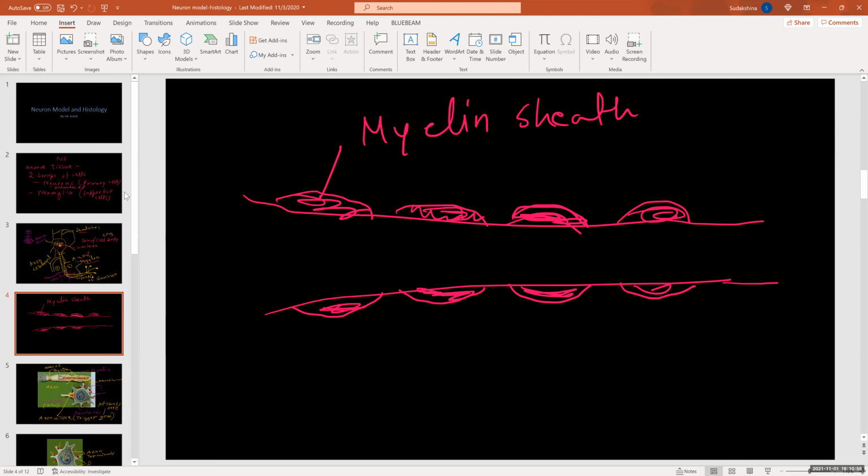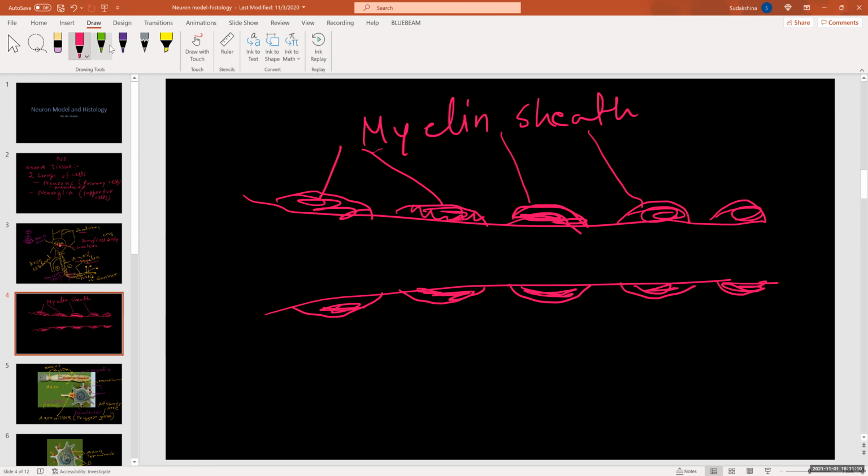So I'm basically drawing the myelin sheath here. And see where the axon is visible. The axon is visible intermittently, where myelin is absent.